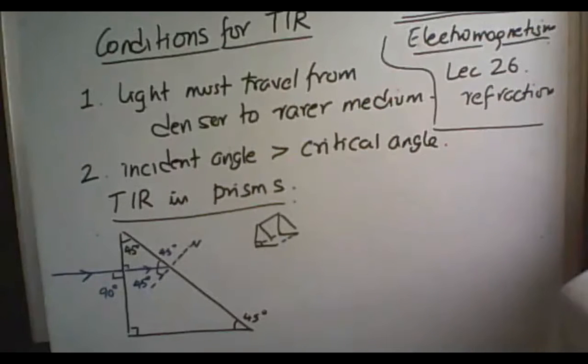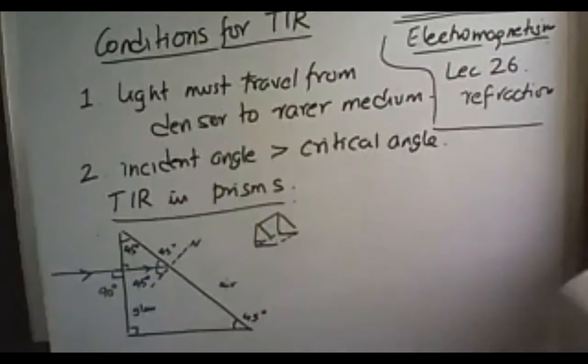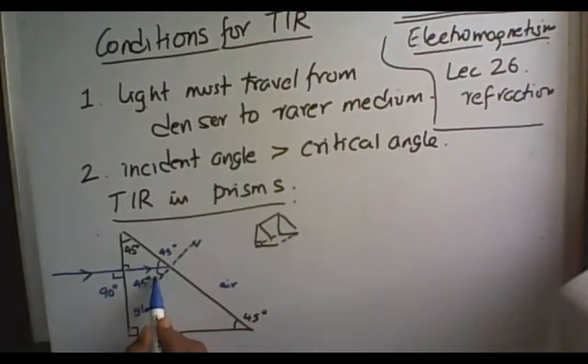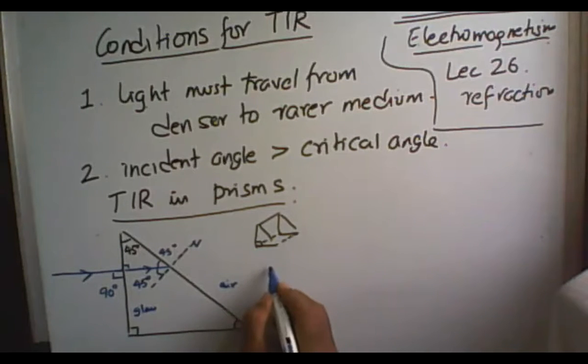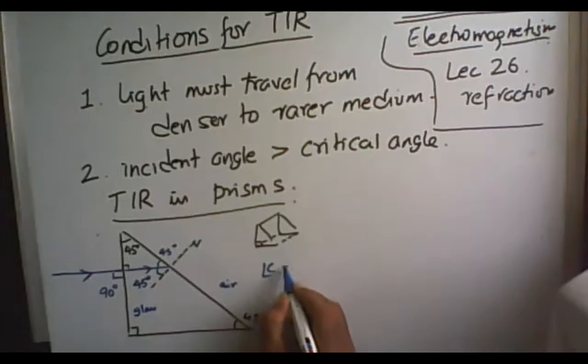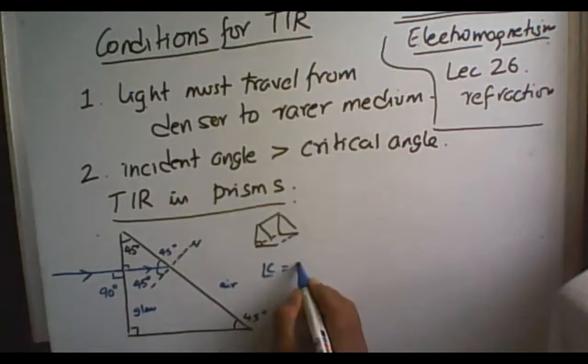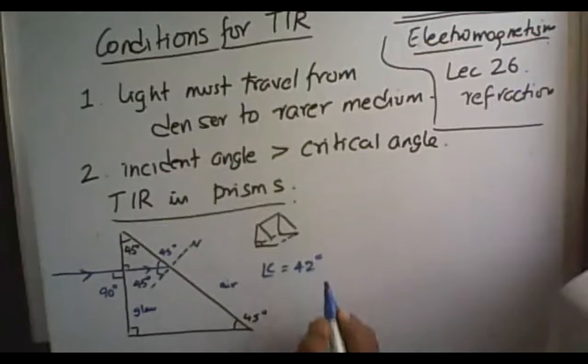Since this is glass and this medium is presumably air, the angle of incidence being 45 degrees exceeds the critical angle. The critical angle for the glass-air interface is approximately 42 degrees, right?